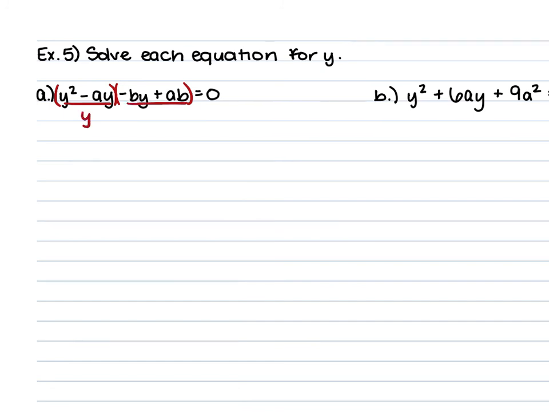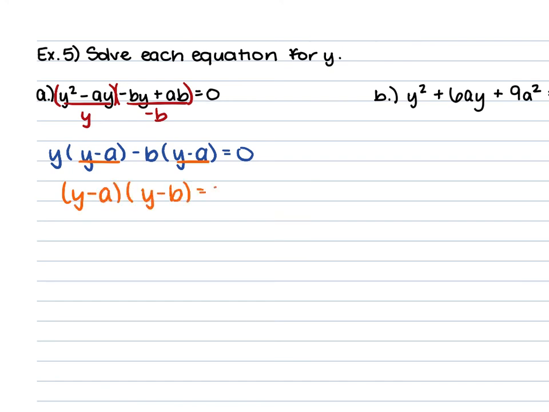For the second set, we can factor out a negative b. So this is going to leave us with y times y minus a minus b times y minus a is equal to 0. Our two parentheses here are identical, so we're going to have y minus a times y minus b is equal to 0.